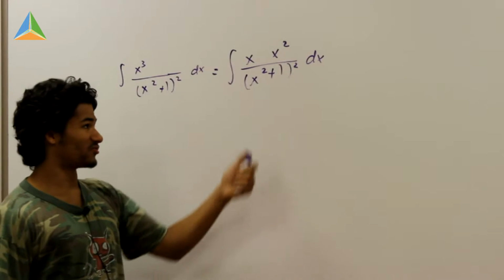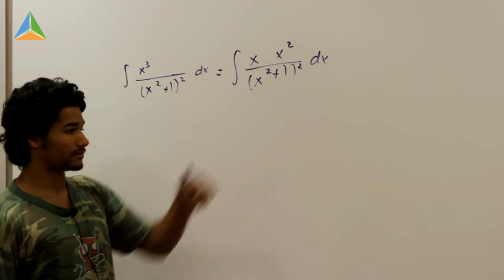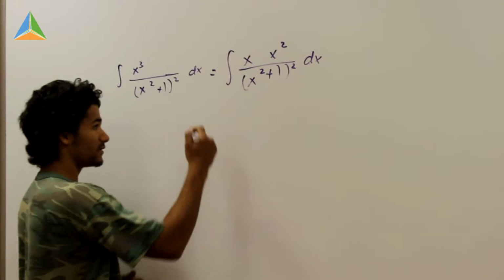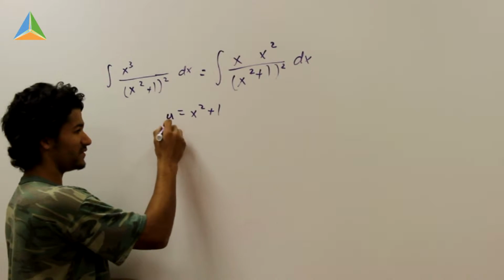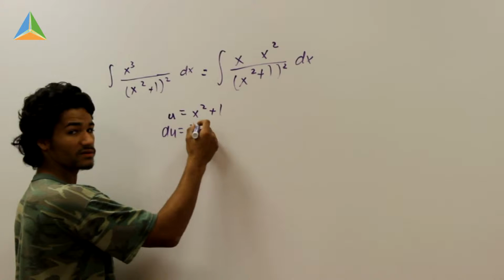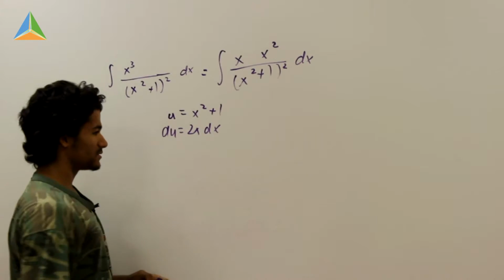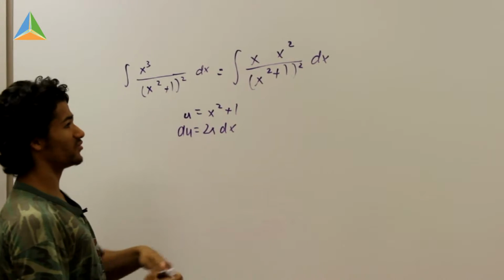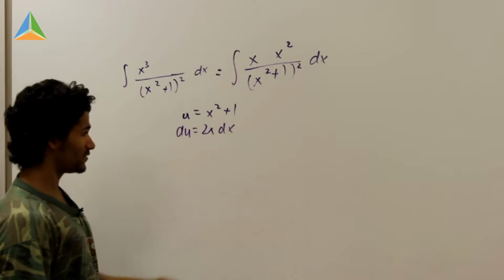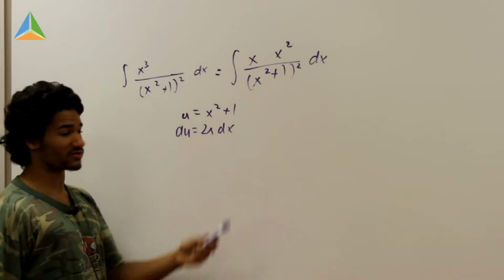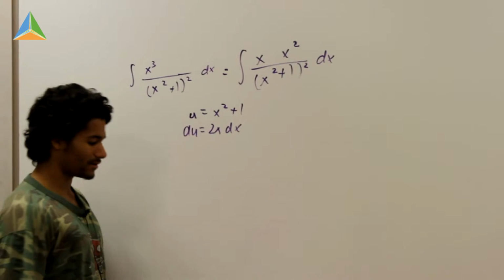If I let my u substitution be either one, then we have u equals x squared plus 1, du equals 2x dx. It is a constant times this. It would go the same way if u were to equal x squared.